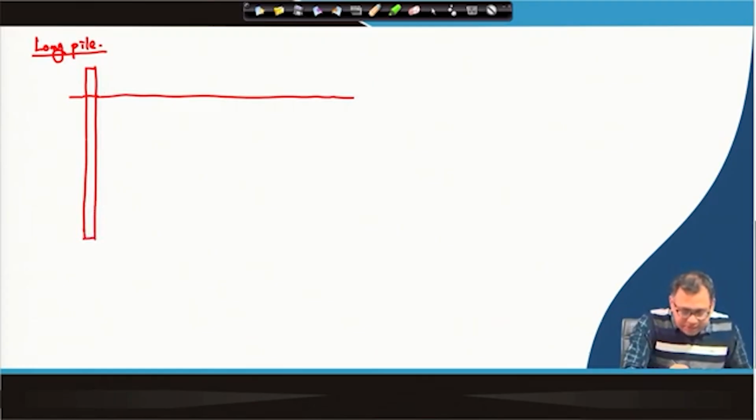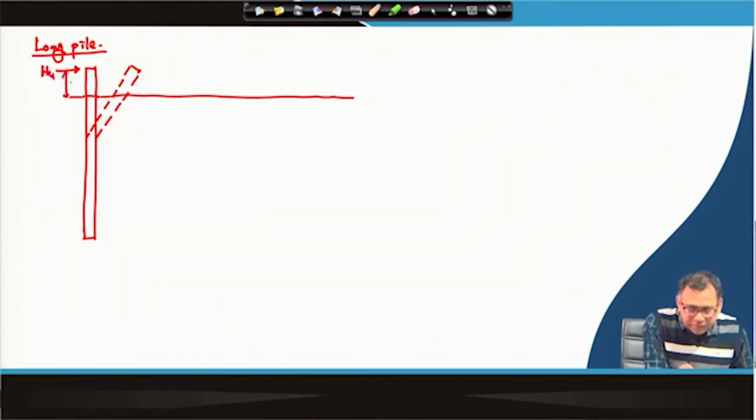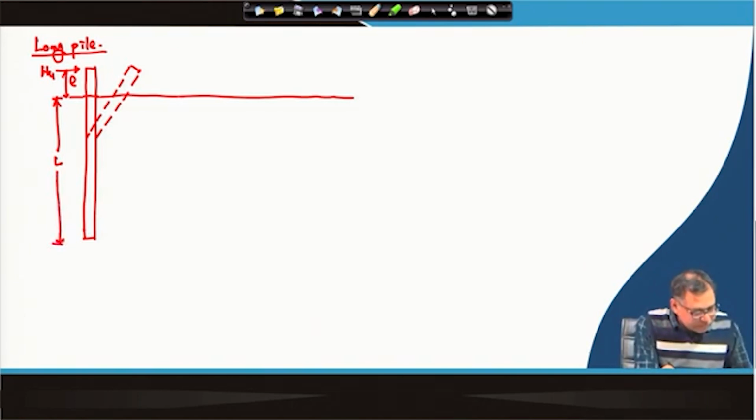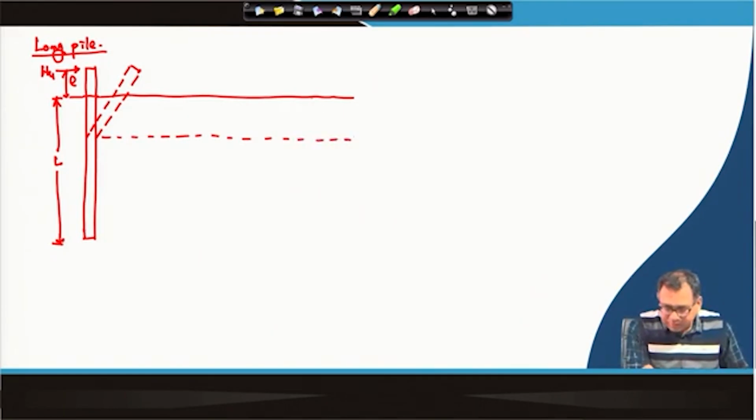So, again here there will be a yield in case of a long pile at a point. So, this is Hu and this value is e, this is L. But the distribution will be slightly different, because here this is the point where maximum bending moment will occur.